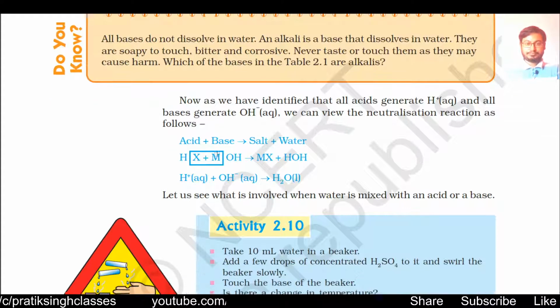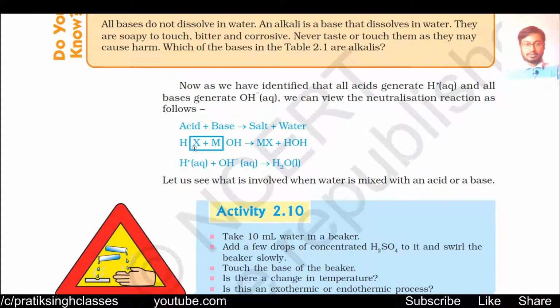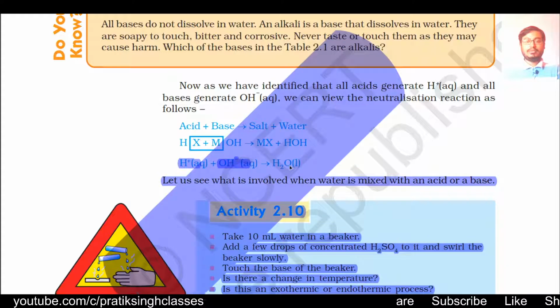So see here, acid plus base makes salt plus water. From HX, the acid, plus MOH, the base, the metal takes the place of hydrogen, so it becomes MX plus HOH, water. H plus aqueous plus OH minus aqueous makes H2O in liquid form.